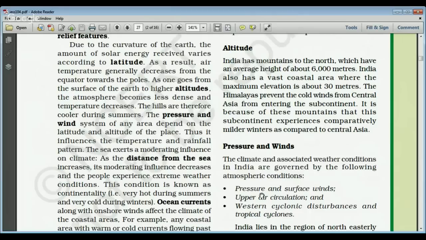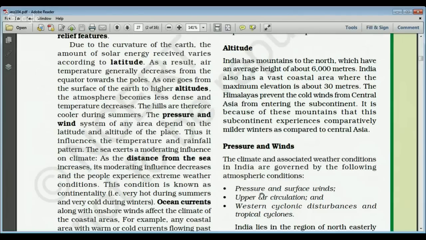These countries form a type of subcontinent because almost all the features of continents are present, so it is known as the Indian subcontinent. The Himalayas always remain an active barrier to the cold wind originating from Central Asia, and because of our Himalayas, our Indian subcontinent experiences a comparatively milder winter than the winters in the Central Asia region.